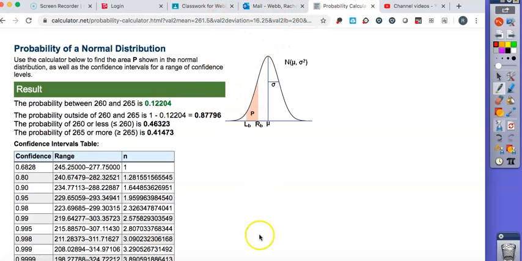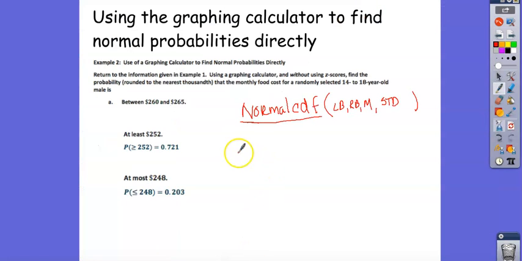Okay, let me go back. All of these, you don't have to worry about if you're all the way to the left, like you do on the tables. You just automatically put them in there. On this one, it's a little bit different in the sense that you're going to do the same thing, but your left bound is going to be 252.